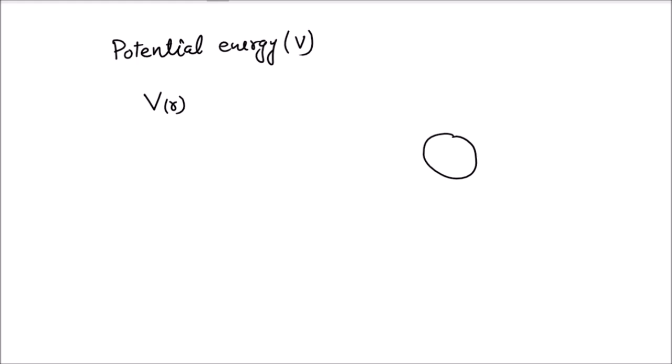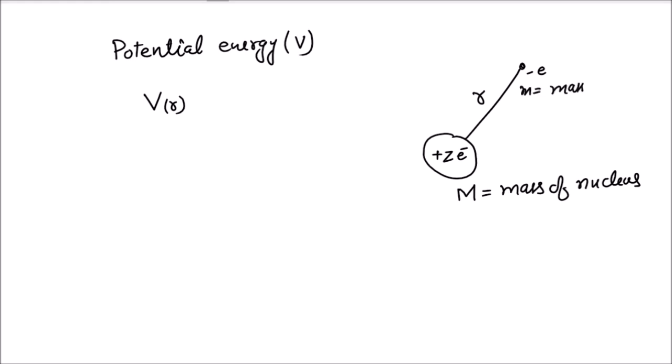Potential energy V can be best described as V in terms of R. Let us say this is the nucleus having charge plus Ze and electron with charge minus e, and distance between them is R. Now capital M is the mass of the nucleus, and small m is the mass of electron.